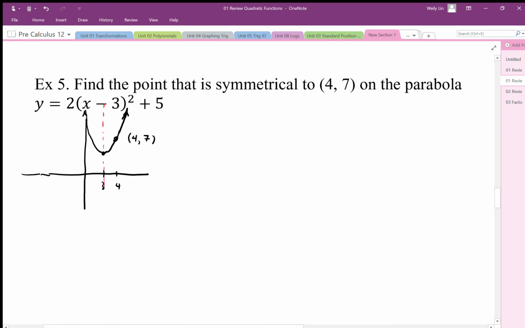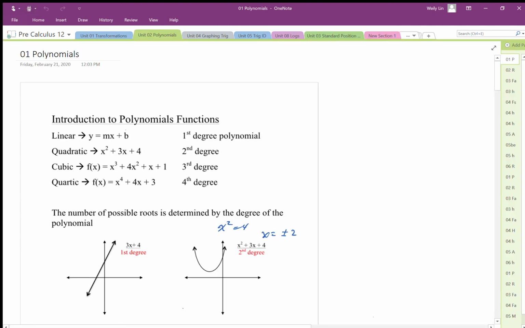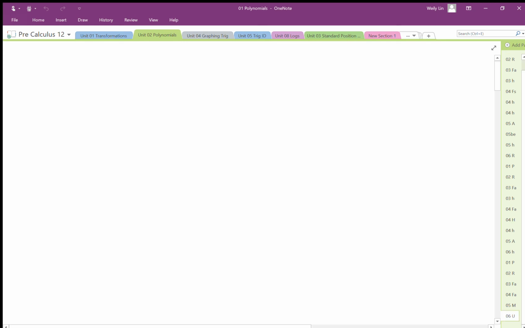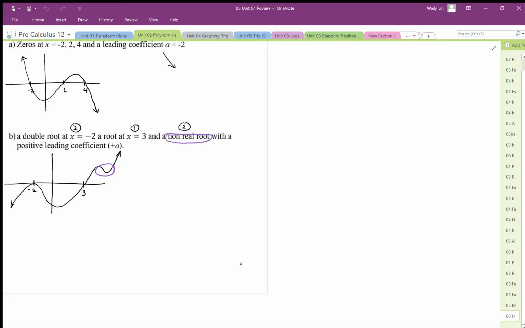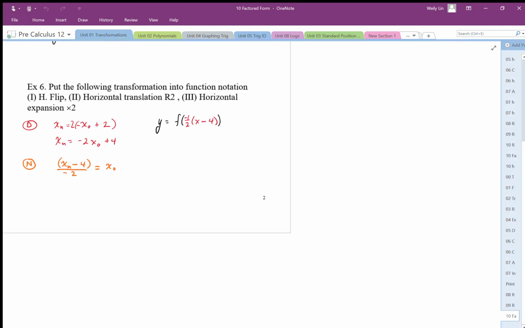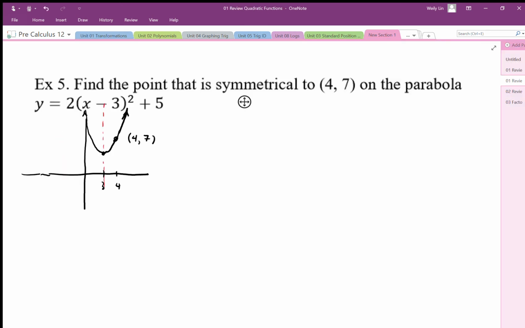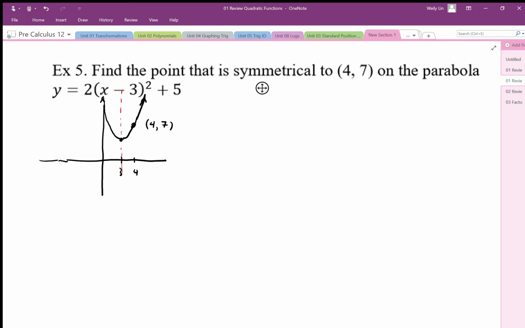And on the other side of that symmetry line, I'll do a different color, I'm trying to find this coordinate right here.